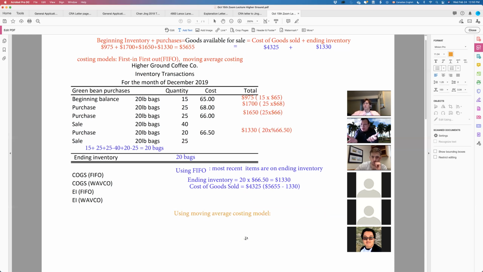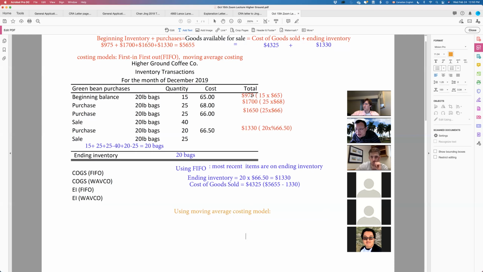In this question, in the beginning I have 975 as my cost, and then I have two purchases before the first sale. So this is my first sale, and at this point, before the sale, I want to know the average cost.